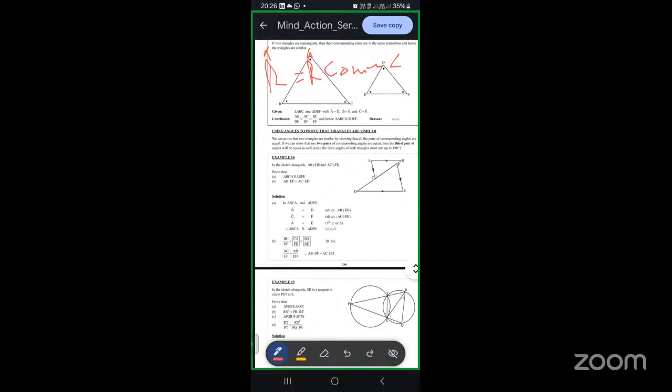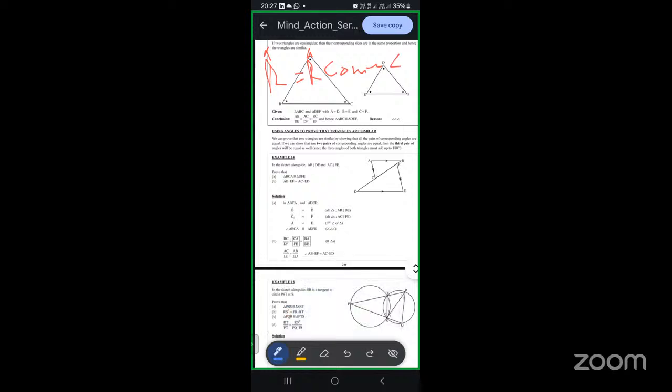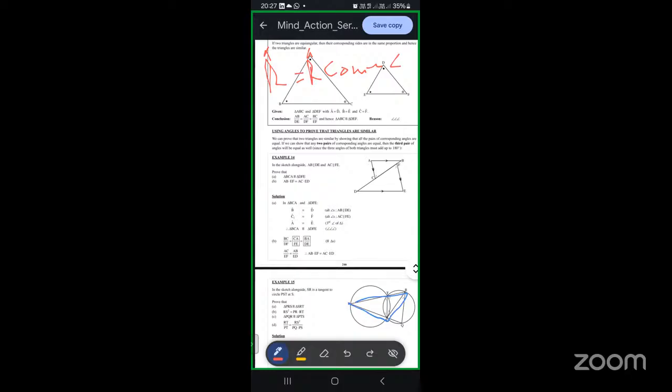Triangle PRS is this one, and triangle SRT is this one here.